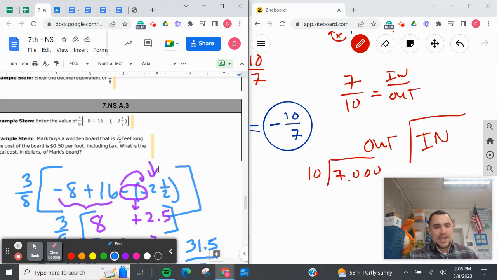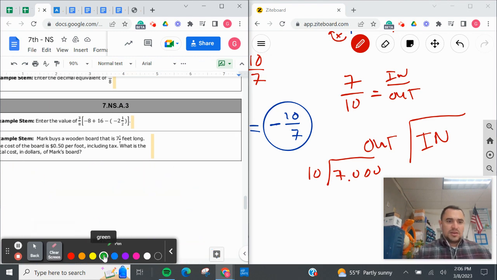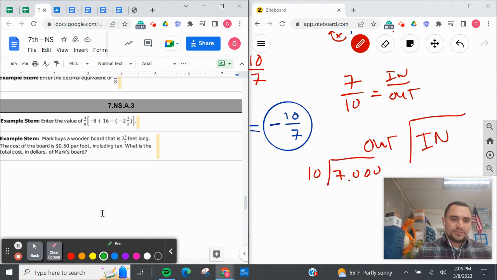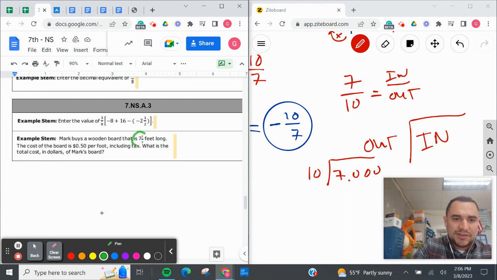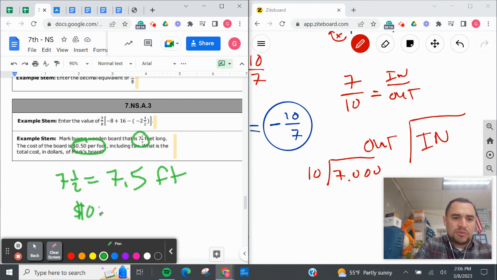All right. And lastly, we have Mark buys a wooden board that's 7.5 feet long. It's 50 cents per foot. So this is feet. We're charging 0.5 per foot, including the tax. What is the total cost in dollars?